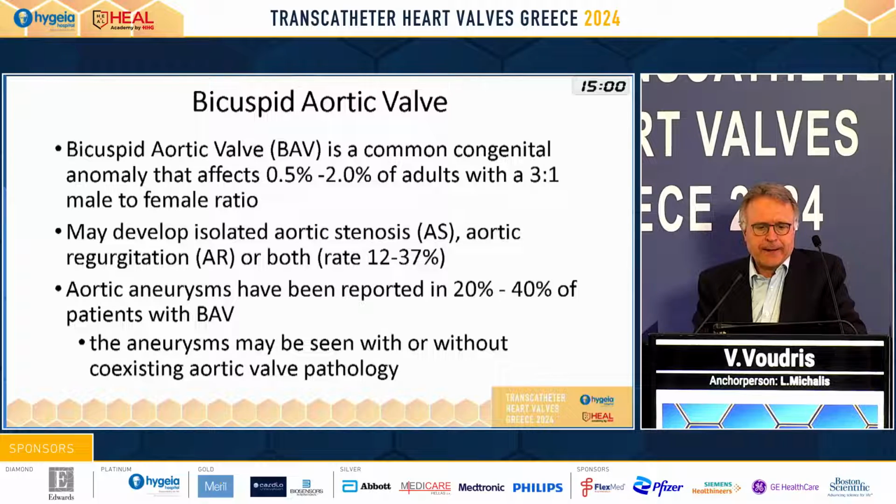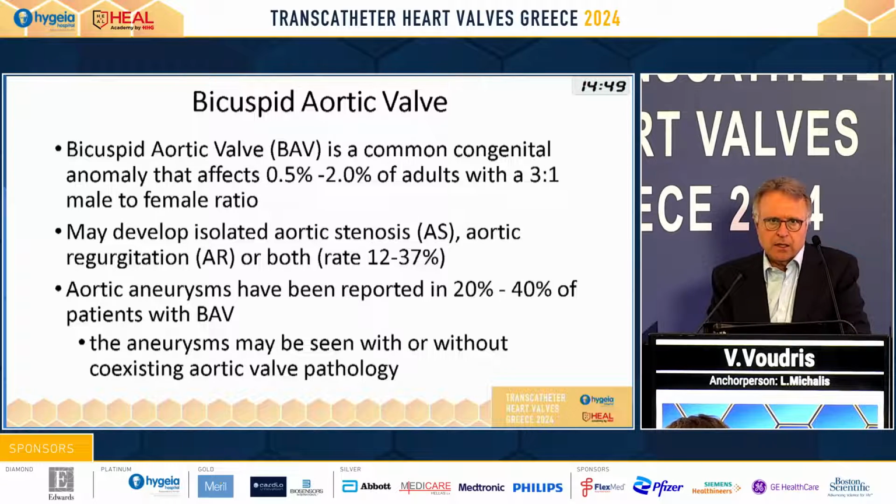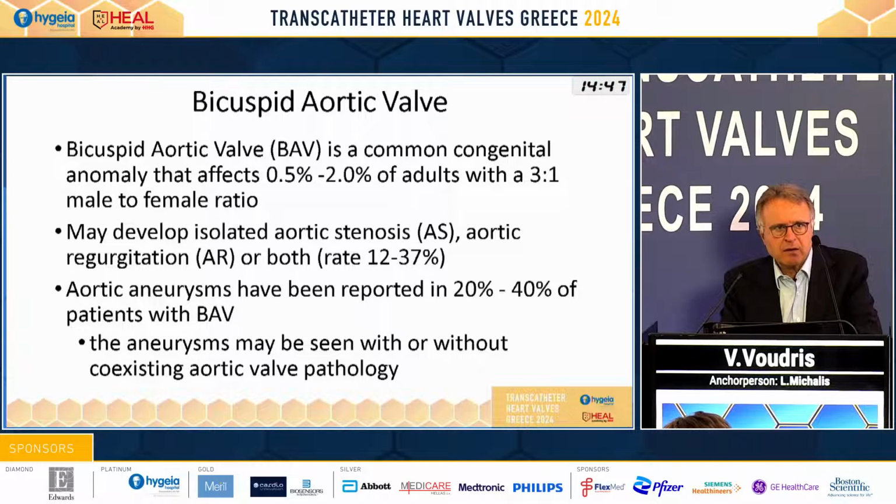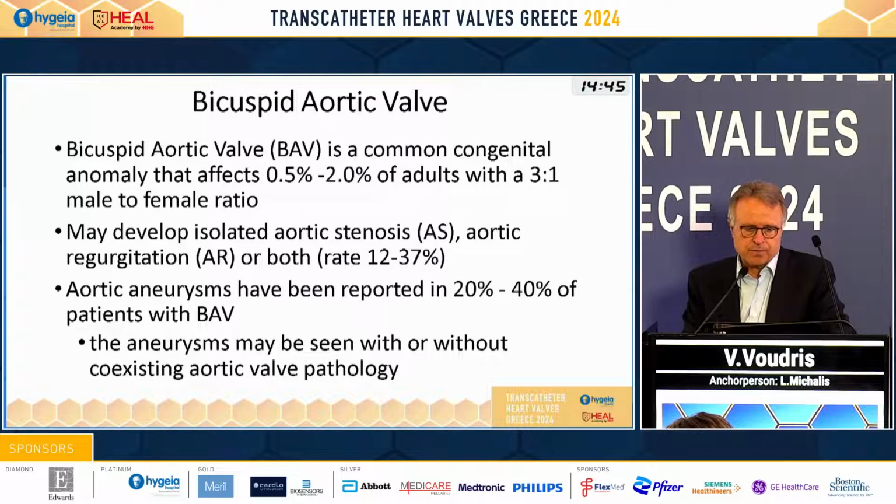Bicuspid aortic valve is a common congenital anatomy that affects 0.5 to 2% of adults, with a male to female ratio of 3:1. It may develop as isolated aortic stenosis, aortic regurgitation, or both, at a rate during follow-up from 12 to 37%.